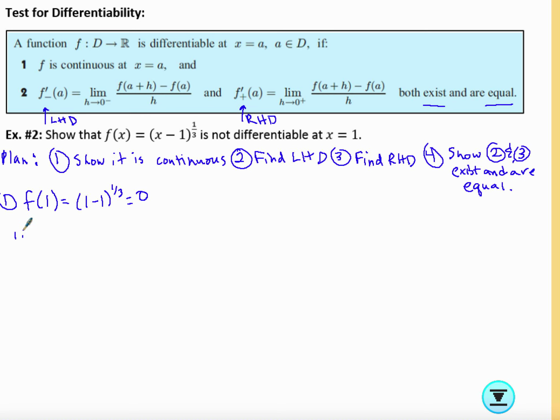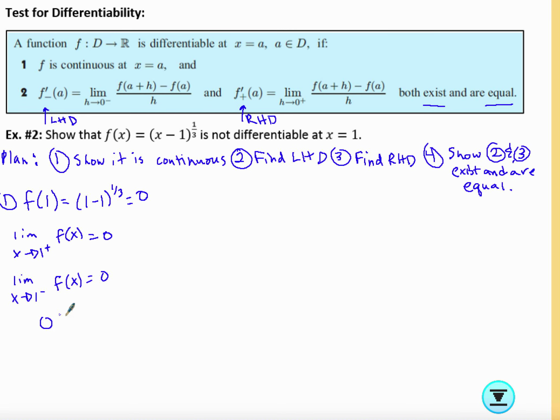Now let's see the limit as x approaches 1 from the positive direction of this function. As x approaches 1 from the positive direction, we get 0. And the limit as x approaches 1 from the negative direction is also 0.